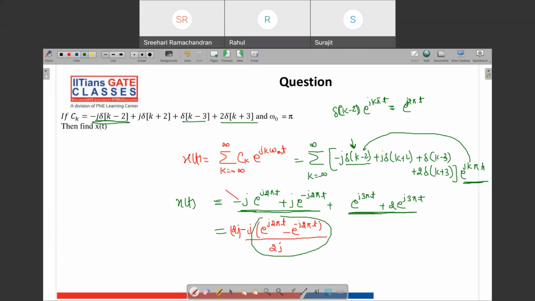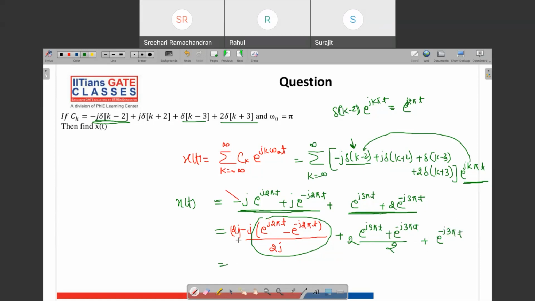Here you can take e to the power j 3 pi t, divided by 2, and you can multiply by 2, but after that also you will be left with one more term, e to the power minus j 3 pi t. We will leave it as it is.